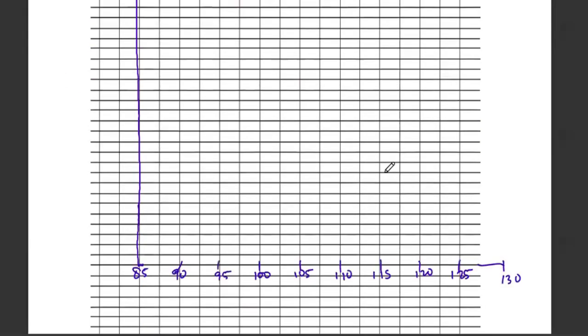We can have intervals. The highest is 59. So let's count: 1, 2, 3, 4. 1, 2, 3, 4. 1, 2, 3, 4. 1, 2, 3, 4.